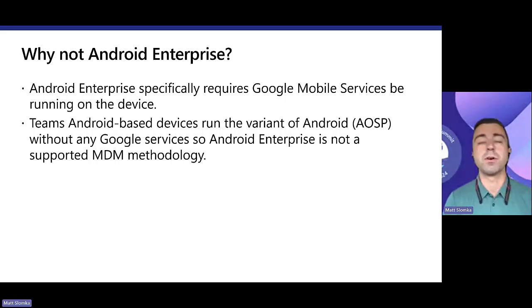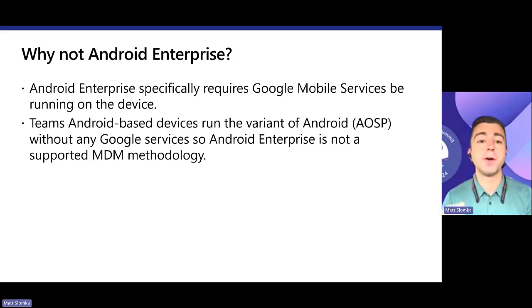So you have to have the Google Play Store and the different Google services running on that device in order to support Android Enterprise, because it is a Google offering. Now, Teams devices don't have Google services on them. This AOSP device management project internally is named NGMS, which is quite literally non-Google management services. So the question was, how do we build something that doesn't have all the Google services on it? The answer is this AOSP device management platform that the Intune team built.